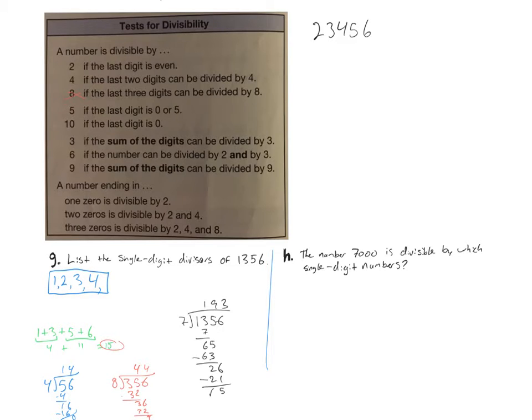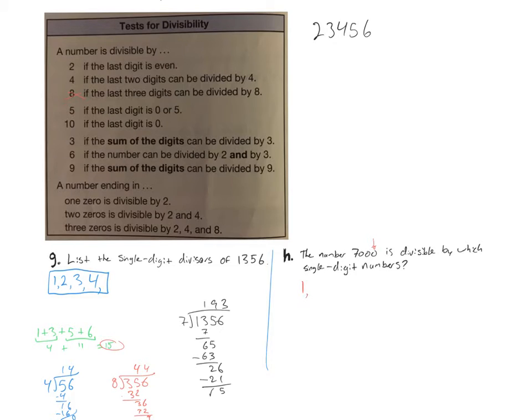This one, however, as we come over to H, 7,000, I see, is divisible by 7, right? Because that'd be 7 times 1,000. So I would know that one. So let's go here. 1 is definitely going to be 1. Let's check 2. If the last digit is even, is 0 an even number?